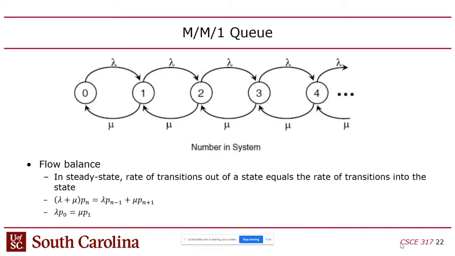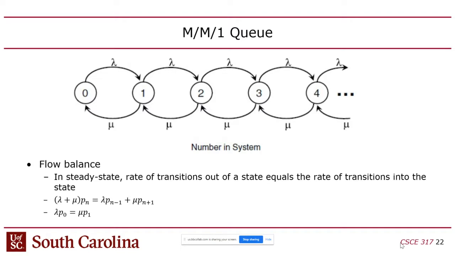So that means that lambda plus mu multiplied by the probability of state n has to balance. So remember, lambda plus mu is the rate of the exponential variable that defines how long you stay in state n.